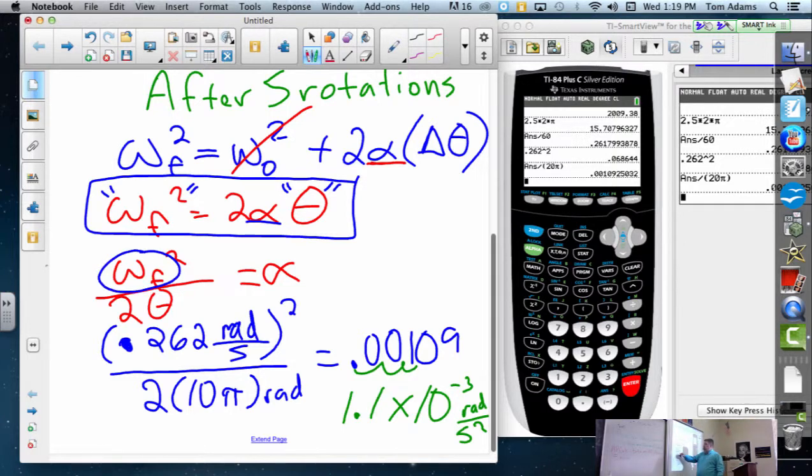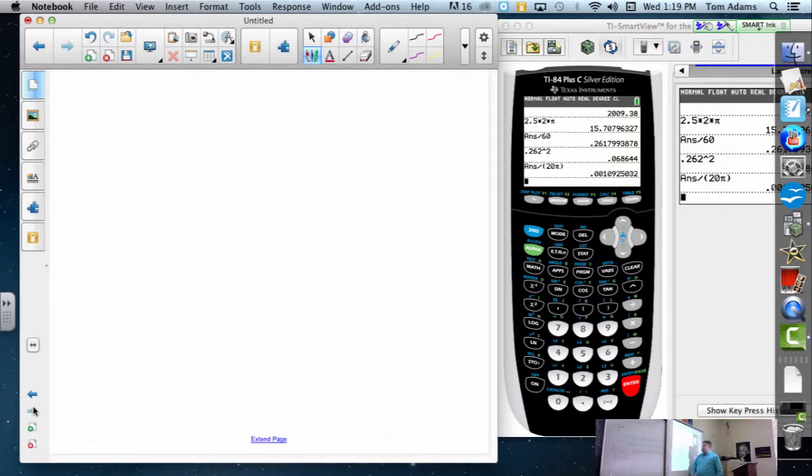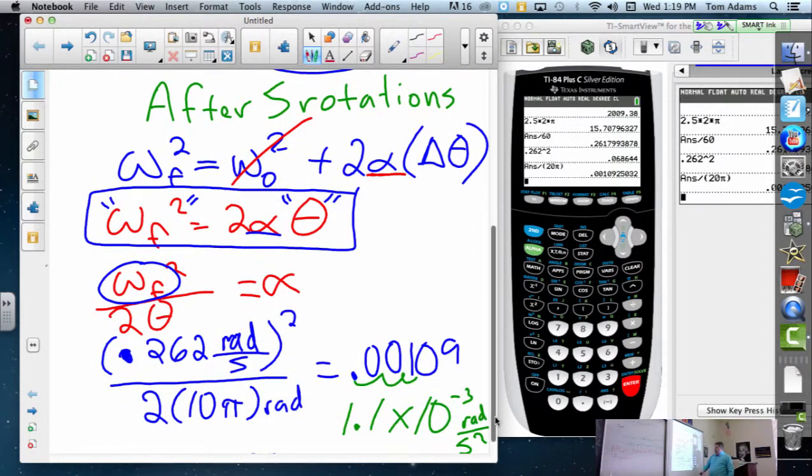Lastly, we are given this in revolutions per minute. That's great, but we really need it in radians per second because that's the standard unit measure, right? So we go through all this math to make sure that it's in the proper units. And then we just plug it into this simplified equation and we get 1.1 times 10 to the negative 3 radians per second squared. So really, it's a very small amount.